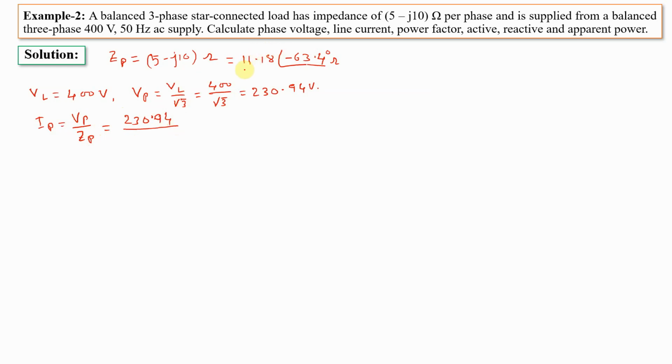Here we will consider only the magnitude of the impedance, that is 11.18, and the value will be 20.66 ampere. We also know that the line current and the phase current are the same in a star connected system. So the line current is also 20.66 ampere.